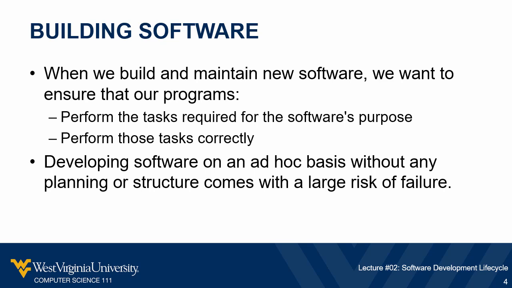Our goal as we implement our software is to make sure that it completes all the tasks that are necessary for it to do whatever it is supposed to do, and that it performs those tasks correctly so that we get accurate results.